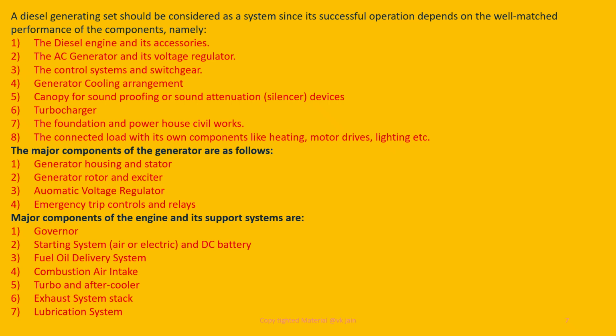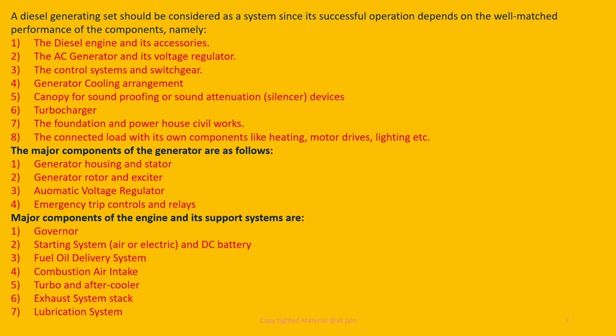The major components of the generator are generator housing and stator, generator rotor and exciter, automatic voltage regulator, emergency trip controls, and relays.